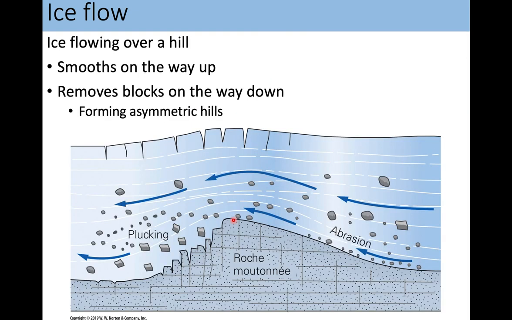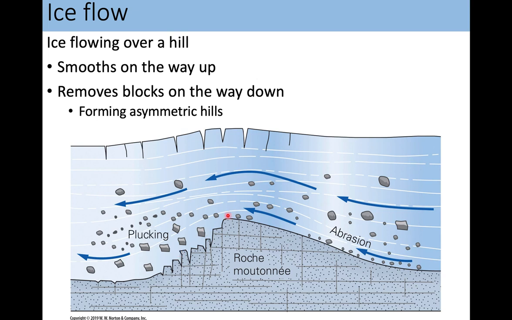So what happens as ice moves is it can very smoothly move up over a hill. So the glacier flows up over this nice hill, and then as it falls down the hill, it actually removes a lot of sediment, a lot of pieces of the bedrock. We call it plucking.